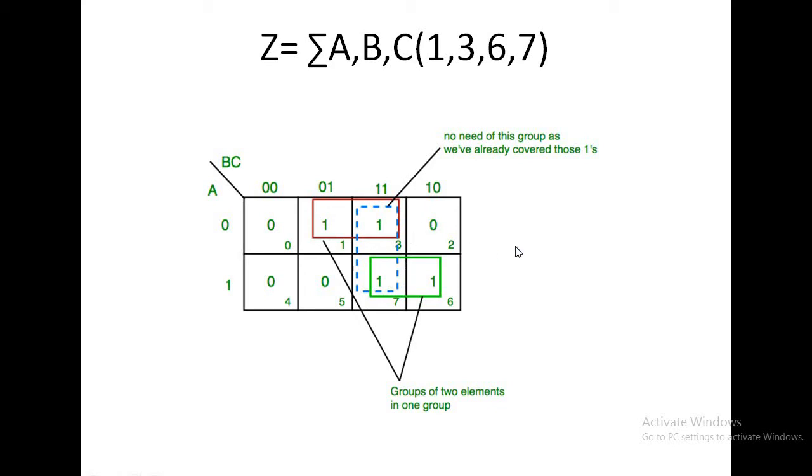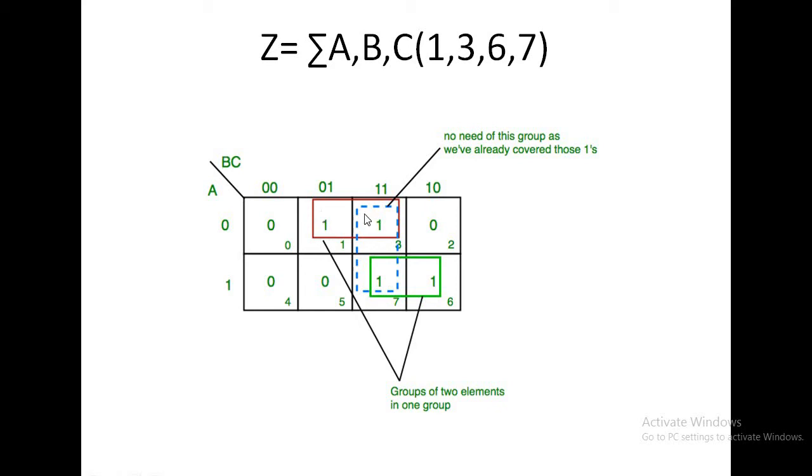Then the question is how to write the simplified expression. From the red group, we can derive one expression as A prime C. How? Now see, this one belongs to this row, and this row is known as the 0 row, and 0 means A prime. So A prime can be derived.